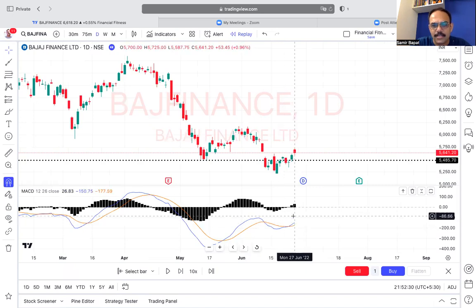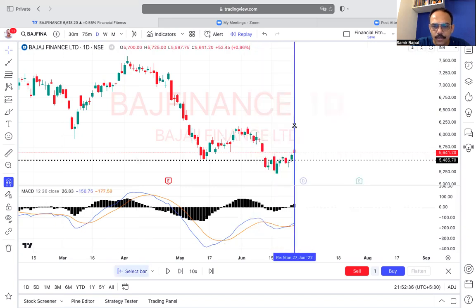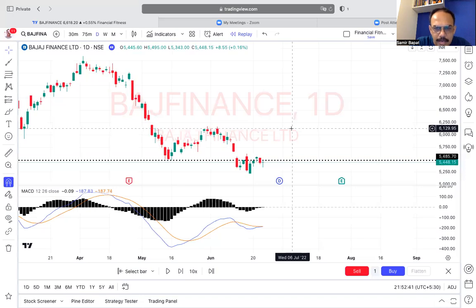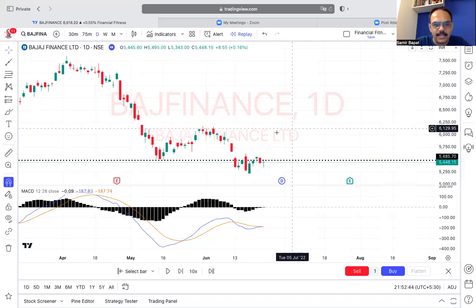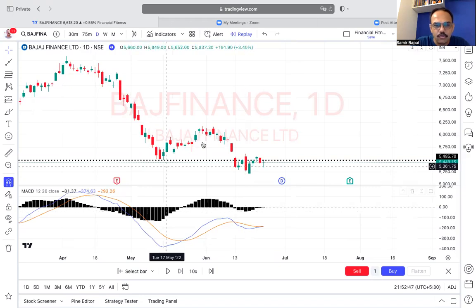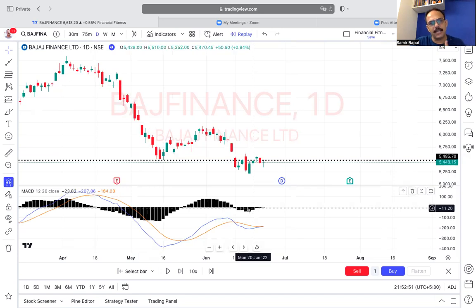When the crossover has happened, let's come before the crossover, just on the day of crossover. Now, this is the day of crossover. Here, you go and see the histogram. See, this is the histogram here, and previously, this is the histogram. Then we are able to spot the divergence very easily.